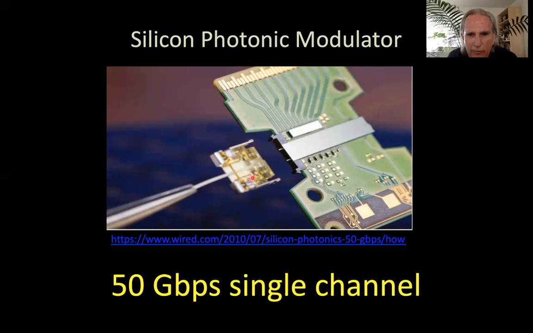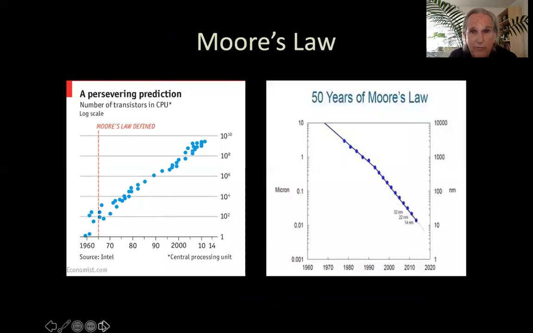It turns out that silicon photonic modulators are faster and better, lower loss than other kinds of modulators, although at first people thought they couldn't be. They are.